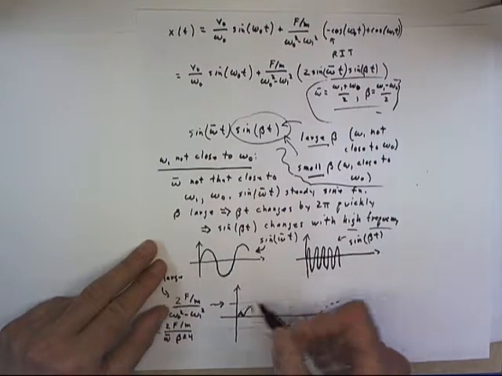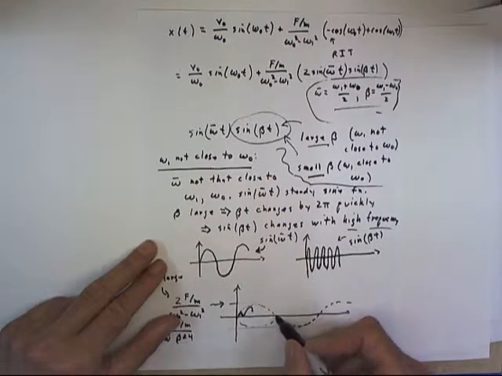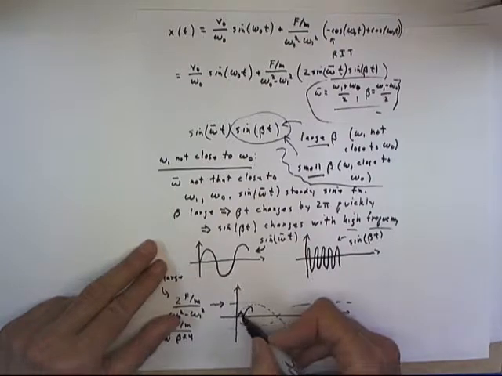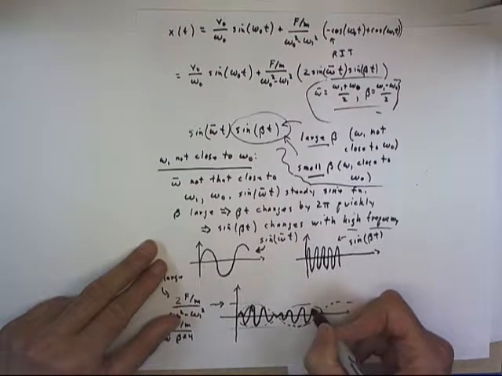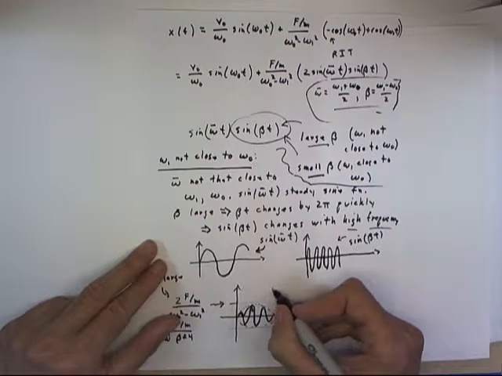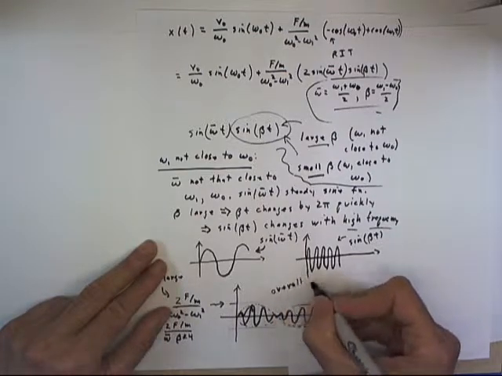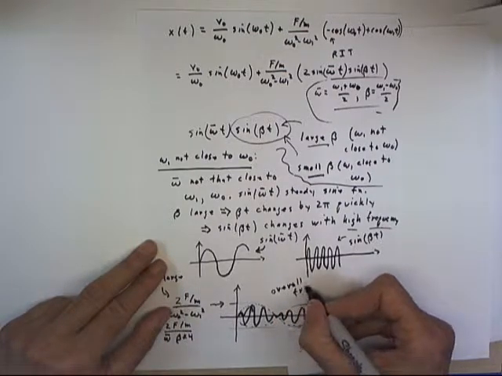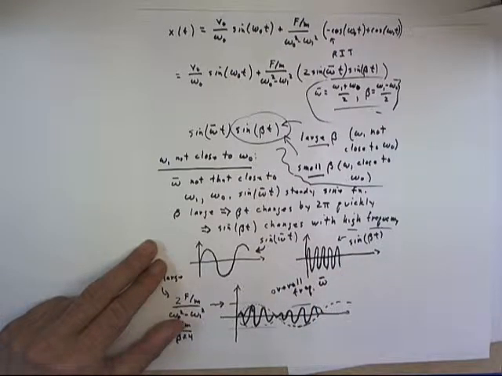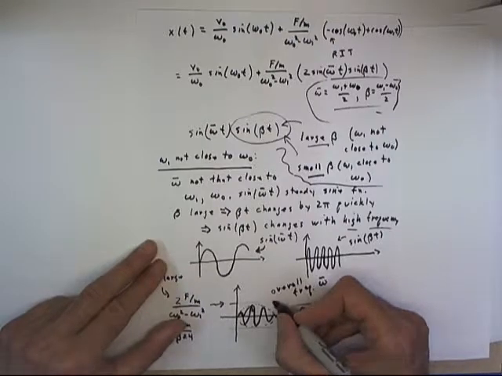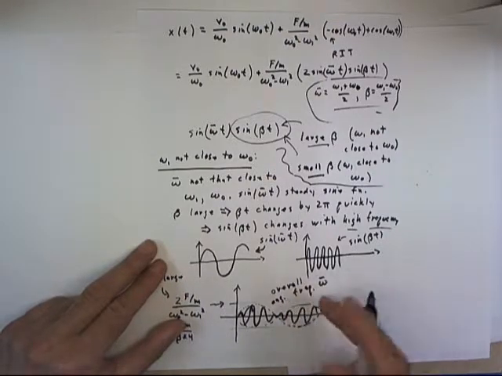Okay. Let's draw that reflection there. So this will come down to here, this will come up to here. So we're going to have an overall angular frequency of omega bar.